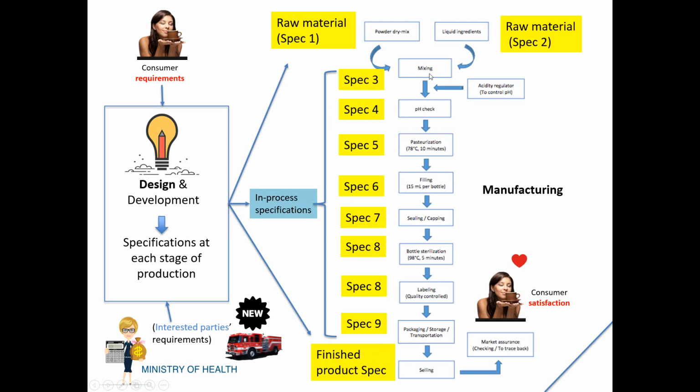You can imagine if every single process here has quality control, they check and verify that the process is in control, so that the process can go on until you finally produce the finished product with the specification that fulfills the consumer requirement and then should fulfill consumer satisfaction, and you have yourself a product with fitness for use and consumer satisfaction.